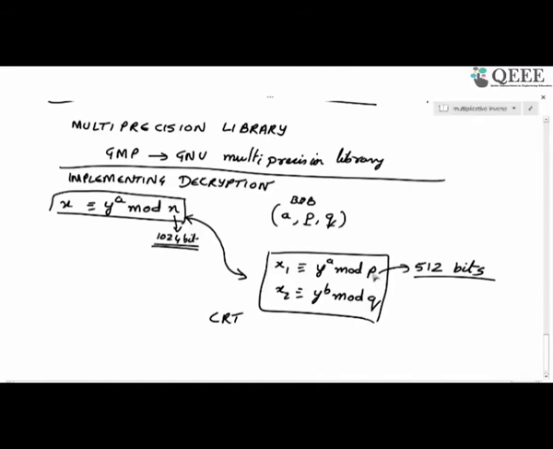Therefore we will be able to do both exponentiations, y power a mod p as well as y power b mod q, in much faster time than doing one single y power a mod n, just because n is much longer, twice the length of p and q respectively.